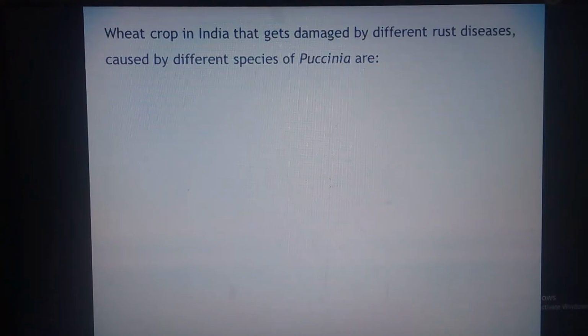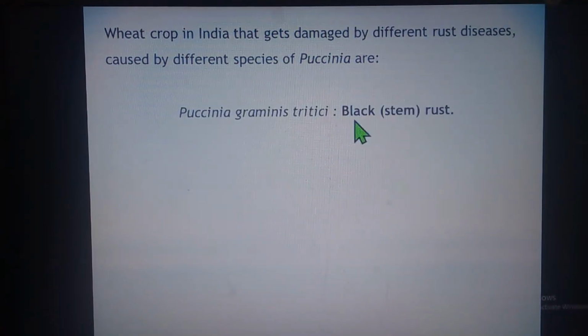The wheat crop in India gets damaged by different rust diseases caused by different species of Puccinia. The most common one is black stem rust, which is caused by Puccinia graminis tritici.